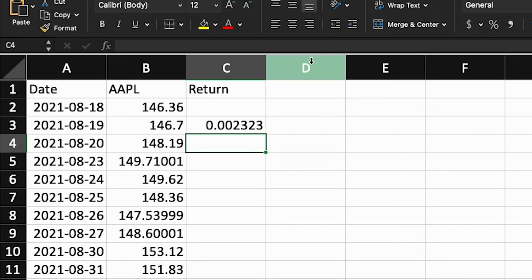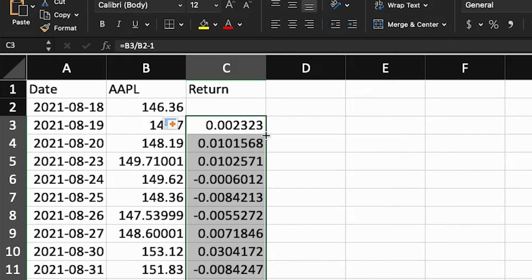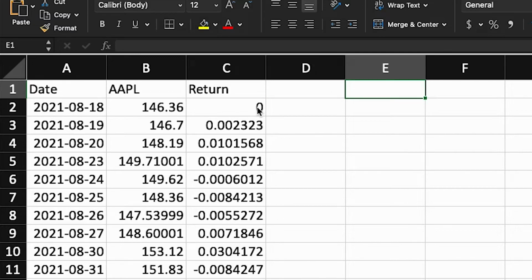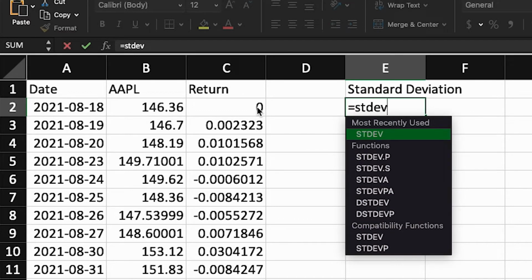So now, all you need to do is to drag it down, right? And then make the first one 0. Now we have all the daily return data for the Apple stock for the past year. Then we apply these data points to our formula for standard deviation. So in Excel, Excel has its own standard deviation formula, which is STDEV.